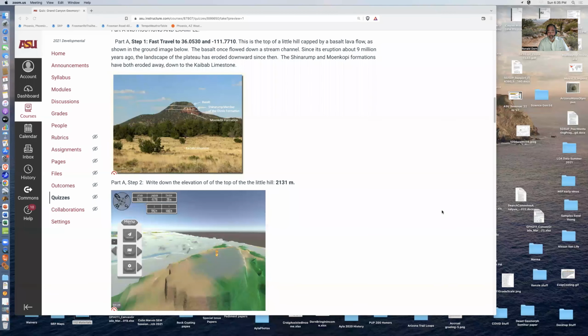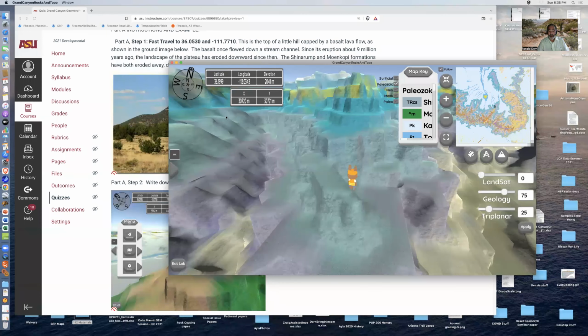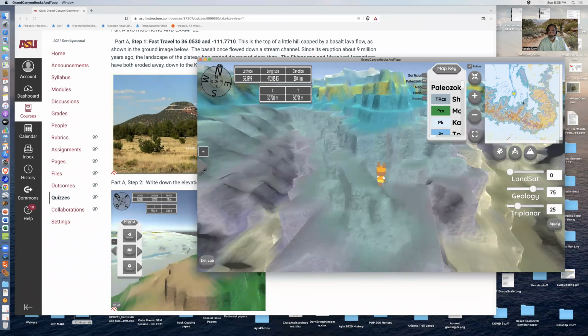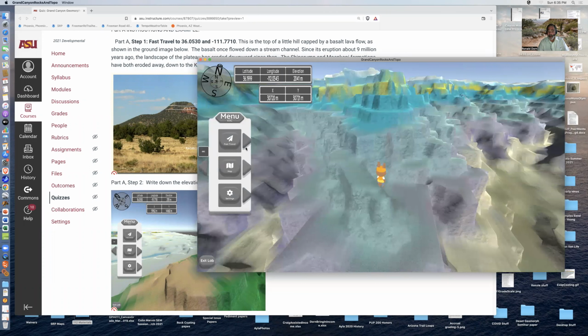and I'm in Canvas in the instructions, and I've also got the Grand Canyon geomorphology game ready to go. I'm instructed to fast travel to, I'm going to get rid of the map key and the map so you can see better what's going on.